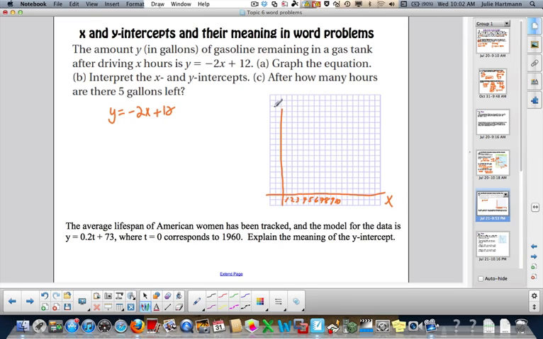This is our X. This is our Y. So the amount Y in gallons, so this on the Y is amount of gas in gallons after driving X hours. So let's go up here by ones.